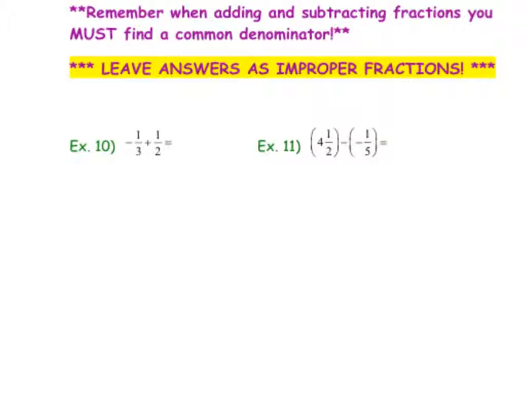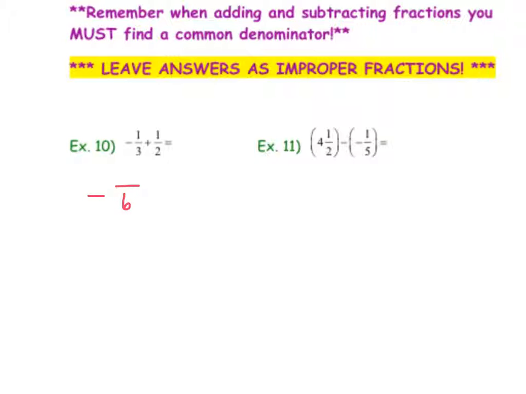All right, so now we have example 10 and 11, which are fractions. So remember, when we're adding and subtracting fractions, you must find a common denominator. And we're going to follow the rules that we just talked about. So I have a negative 1/3 plus a positive 1/2. So what I have to do is get a common denominator first, which is 6.